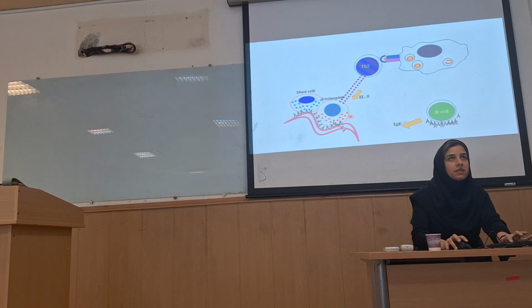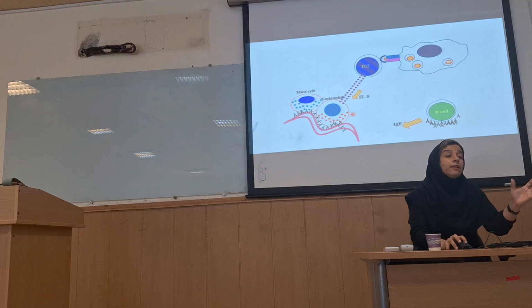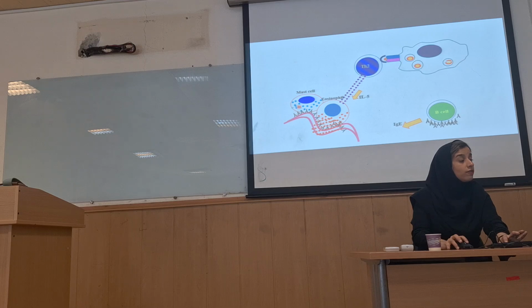And we can say the chemotaxis factor for eosinophils and mast cells is interleukin-5. Interleukin-5 is produced by T helper 2. It not only recruits mast cells and eosinophils, but also activates the cells that have been recruited to this site and leads to degranulation of these cells.